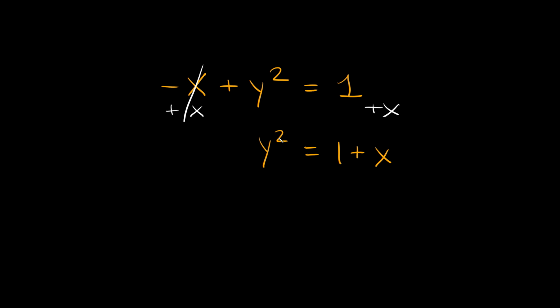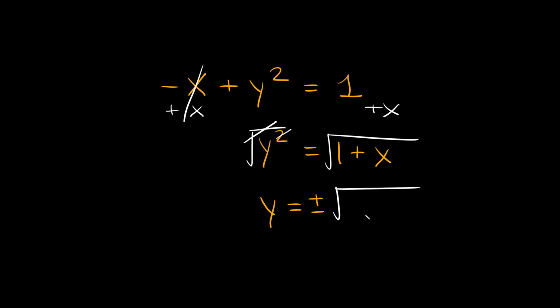All right. The next thing we can do is get rid of this exponent, the 2, and the way we can do that is by taking the square root of both sides. All right, so then on this side, the radical and the squared exponent cancel out. So then all we're left with is y is equal to plus or minus the square root of 1 plus x.